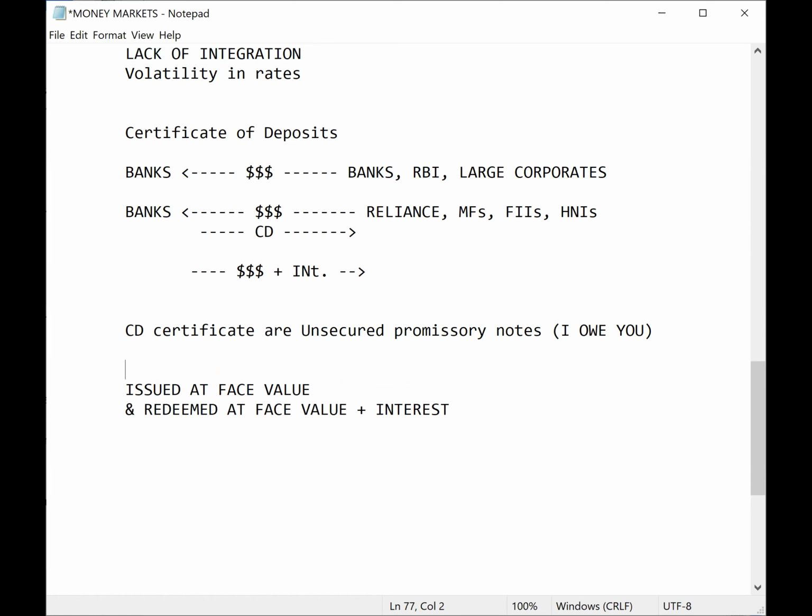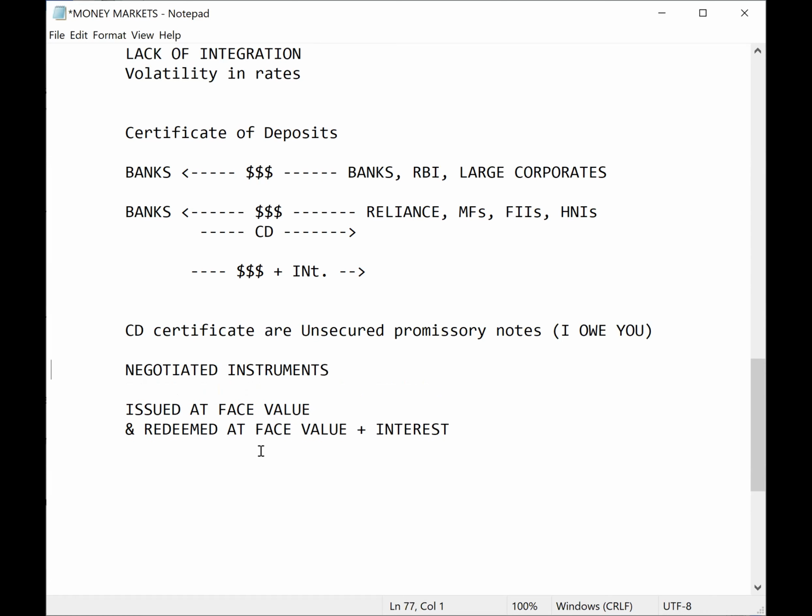These are also negotiated instruments, guys. That means you can transfer them. Two parties can negotiate between themselves and transfer.